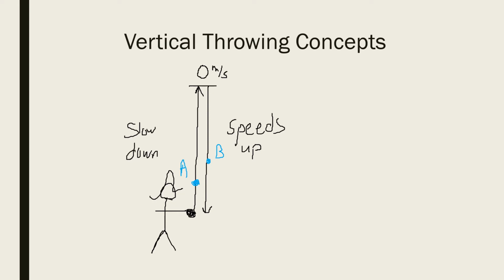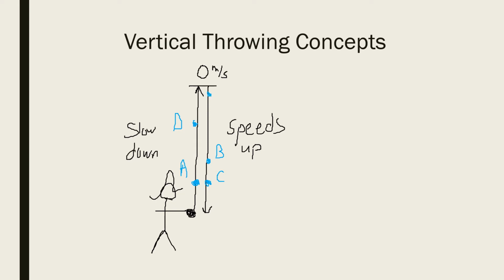So the speed here at A would be equal to the speed it's going here at C. And both A and C would be faster than B. Because wherever you are, the higher up you are, the slower you're going. So D would be slower than all three of the previous dots.